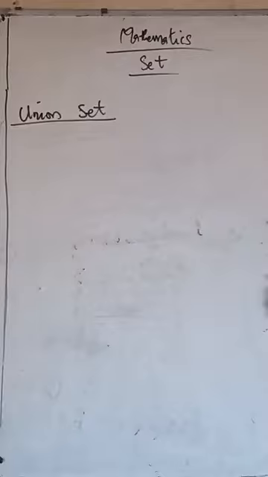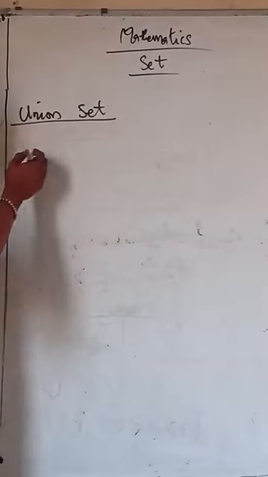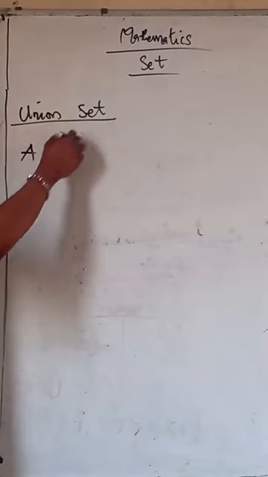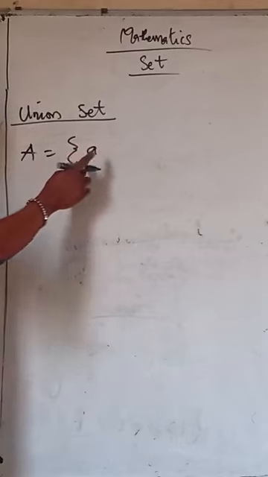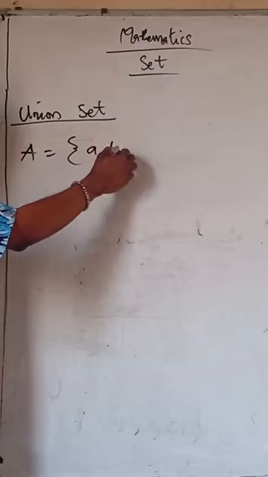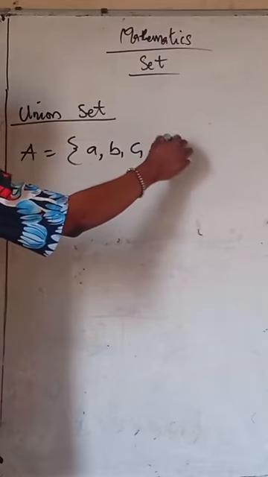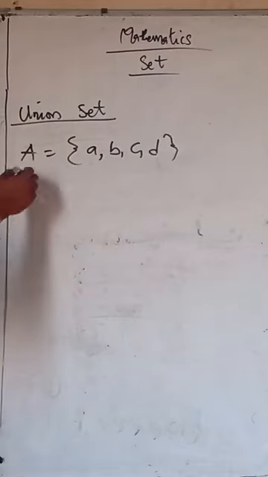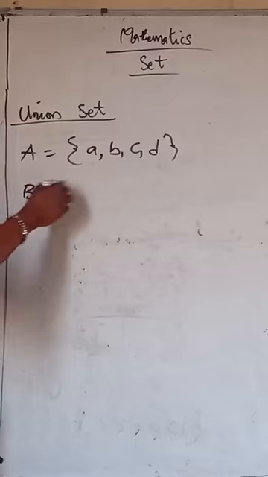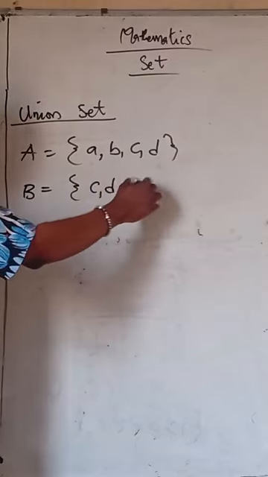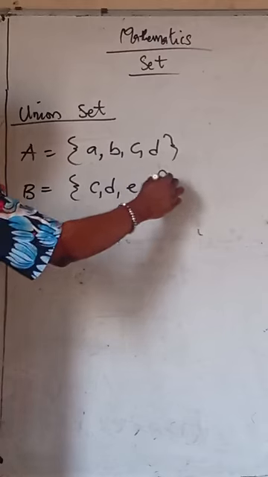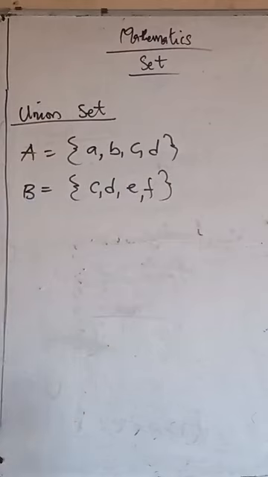How? Let's take for example now. You have A, which is B, C, and D. And you have your B, say C, D, E, F. Now what is union set?